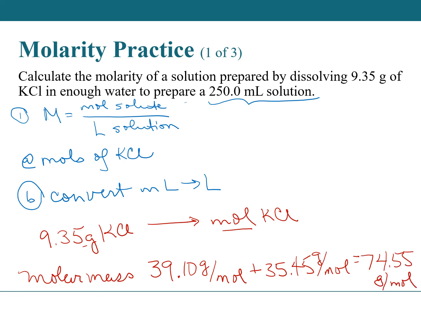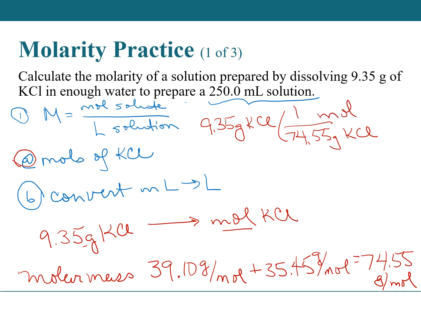So let's finish getting our moles here. 9.35 grams of potassium chloride, with 74.55 grams of potassium chloride on the bottom for every 1 mole of potassium chloride.